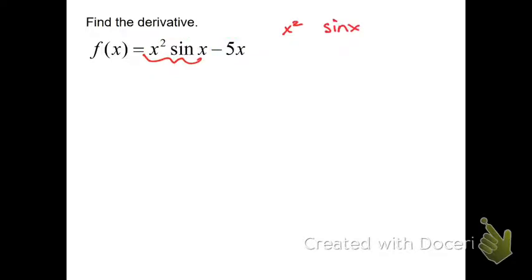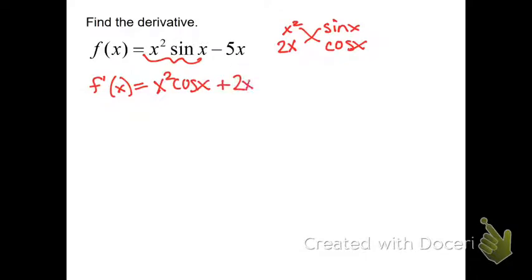So the first term is a product rule. I separate my two factors and find their two derivatives. The derivative of x squared is 2x. The derivative of sine x is cosine x. And I do my crisscross. So the derivative of the first term here in red would be x squared cosine x plus 2x sine x.